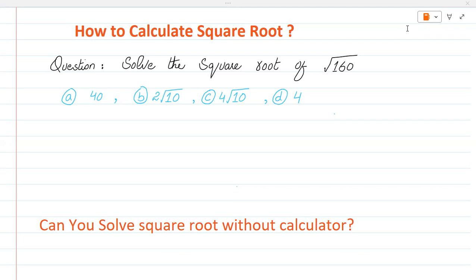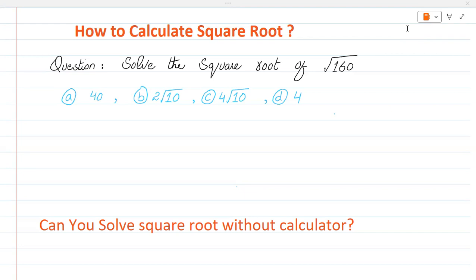When you find the square root of 160, the calculator gives the answer in decimal form, but the options are not in decimal form. So today we will learn the trick to calculate the square root of a number, with the answer not in decimal but in a fraction or rational form.